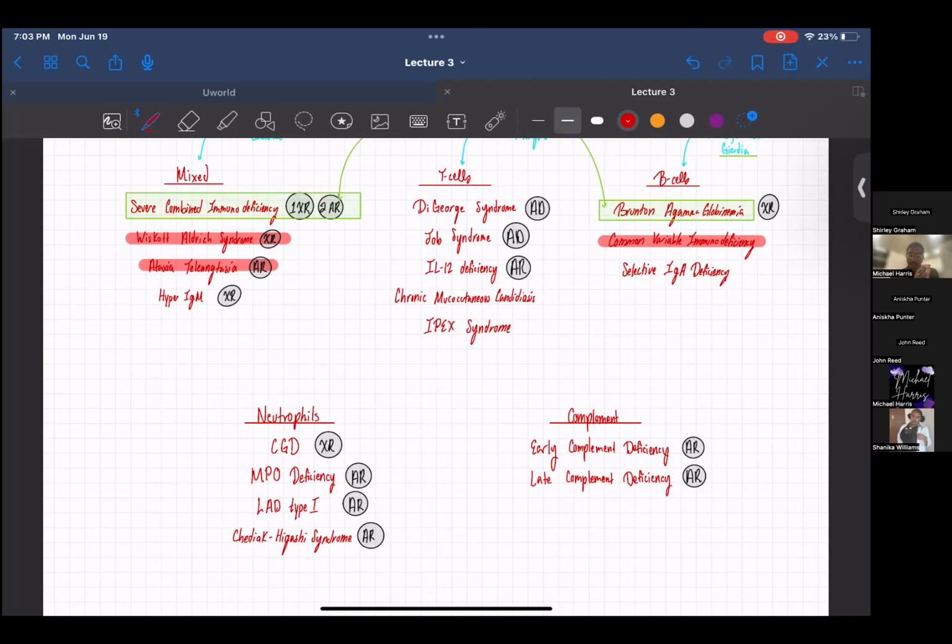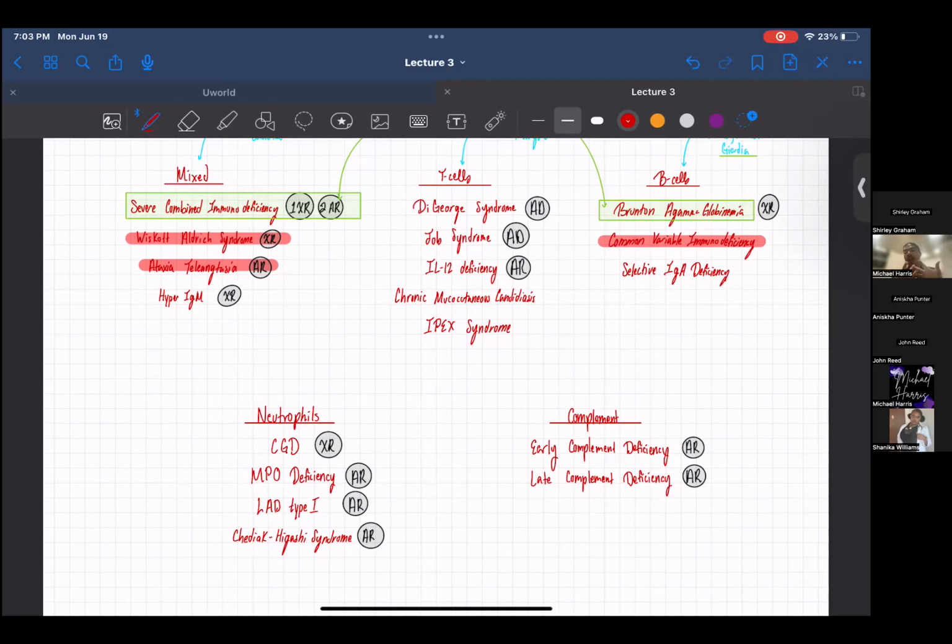The other thing that complement deals with, which is where the early complement deficiency comes into play, is opsonization of immune complexes. So if you have an early complement deficiency, it would be expected that you see a rise in immune complex deposition.